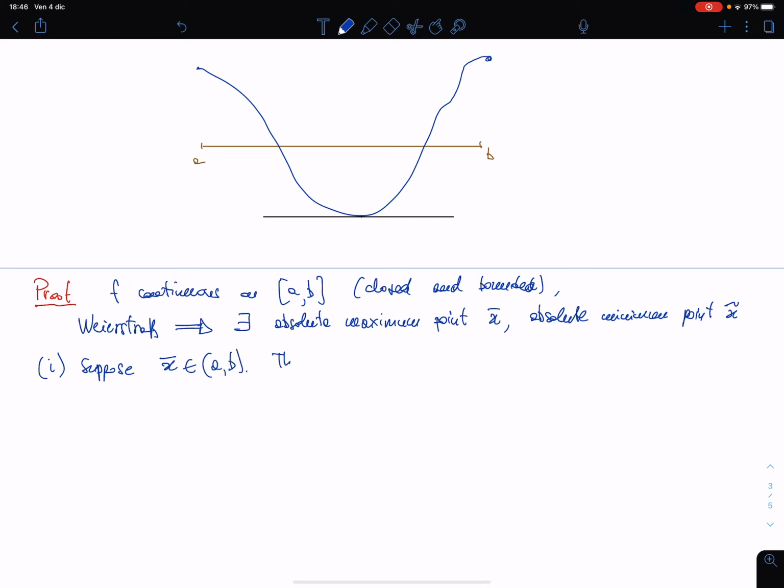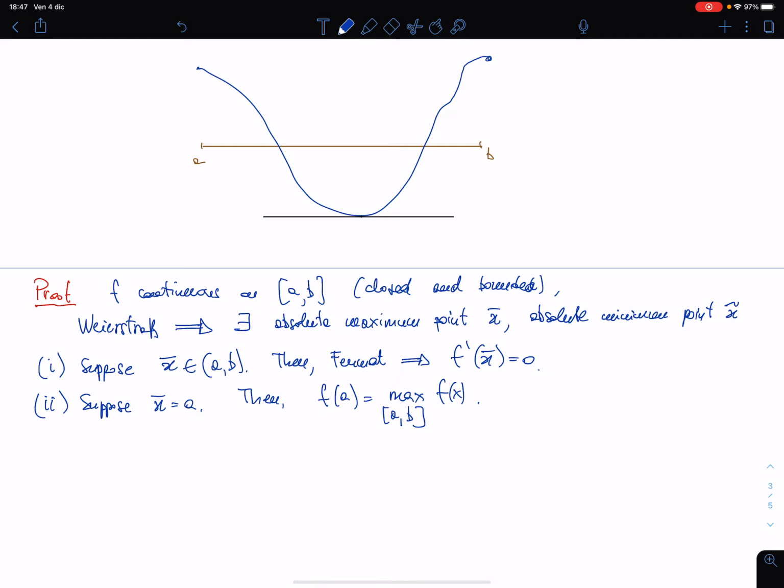Then, by Fermat, f'(x bar) is equal to 0. Second, suppose that x bar is not inside the interval, so suppose x bar is equal to a. Then f(a) is the maximum of f(x) for x in [a,b].